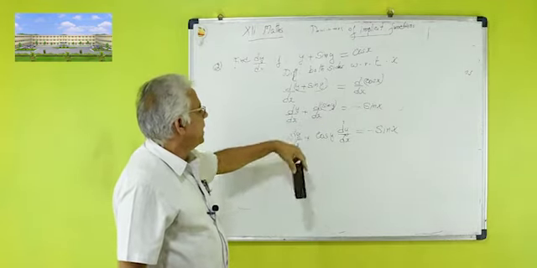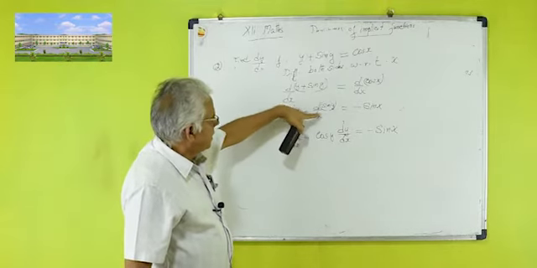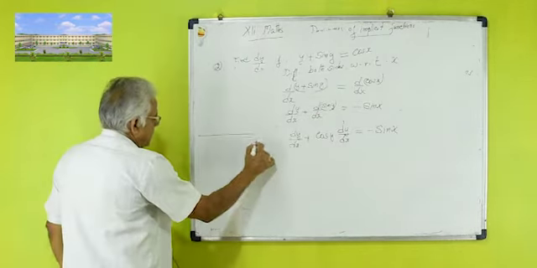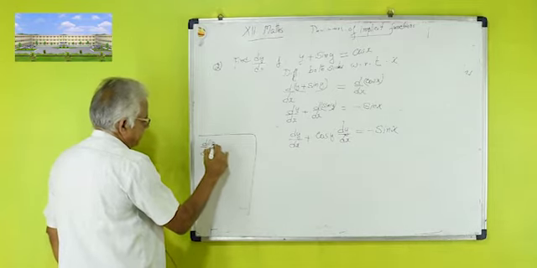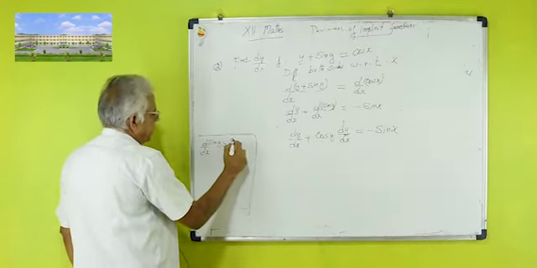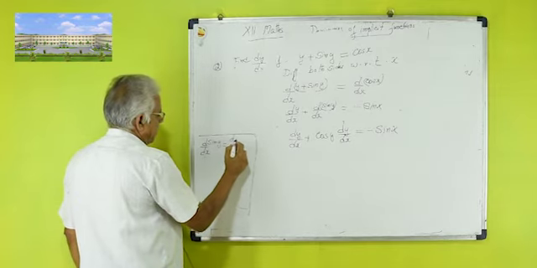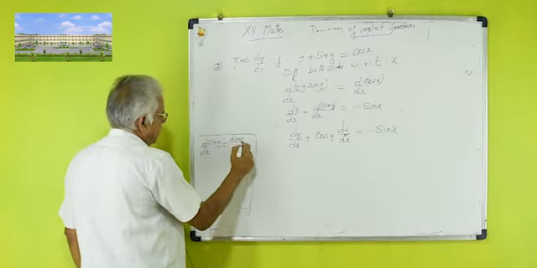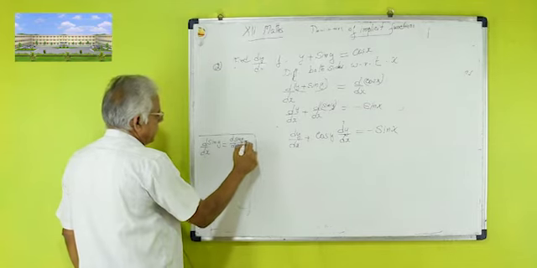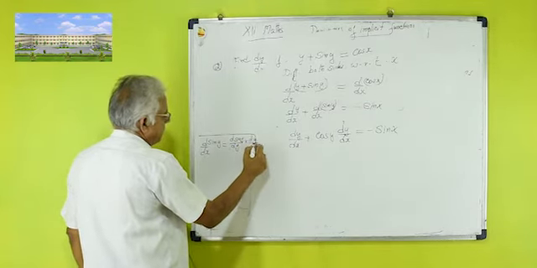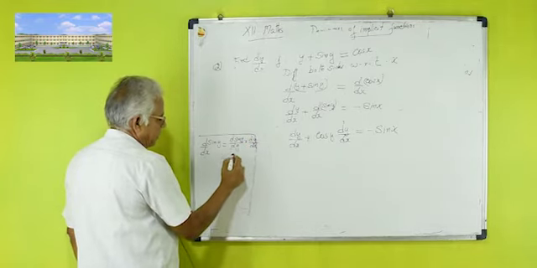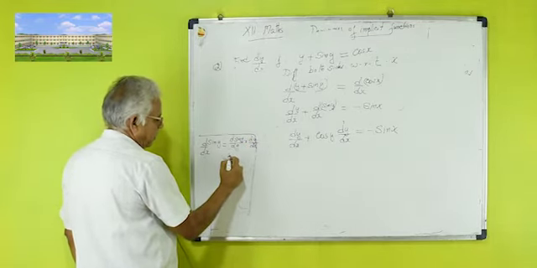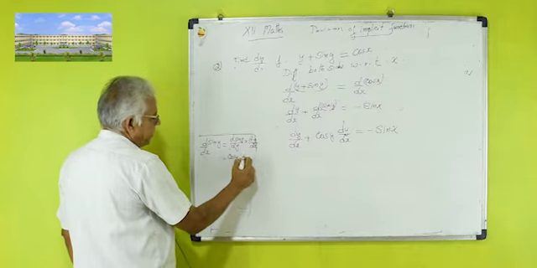The derivative of sin y with respect to x: so we take dy by dx of sin y is equal to the derivative of sin y with respect to y into dy by dx, that is cos y into dy by dx.